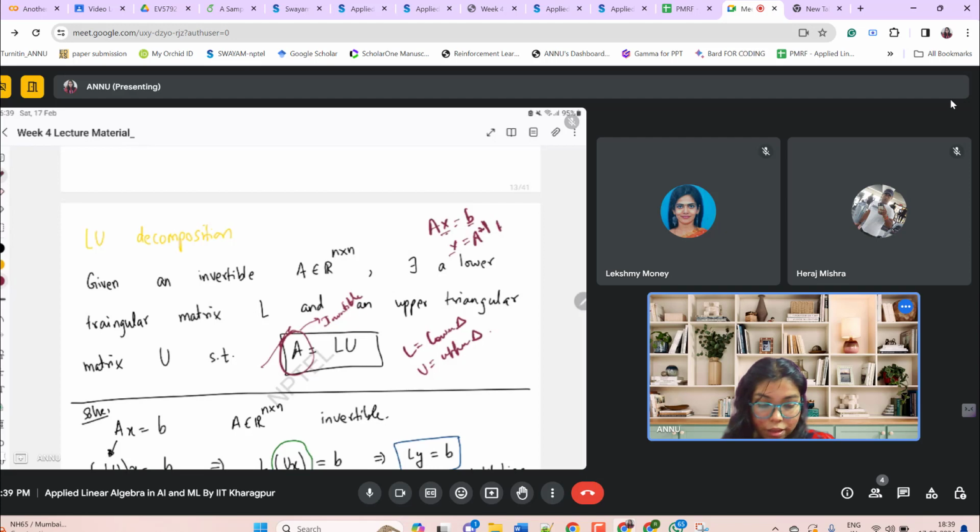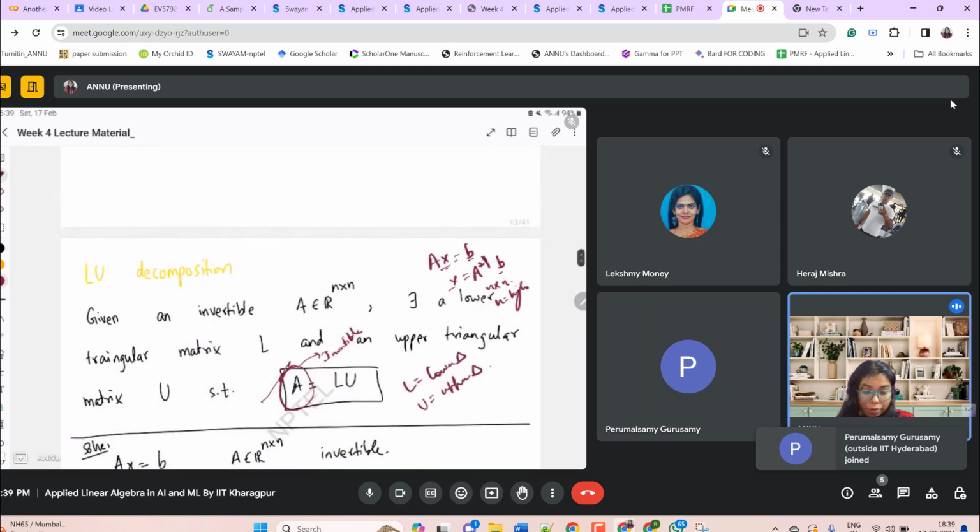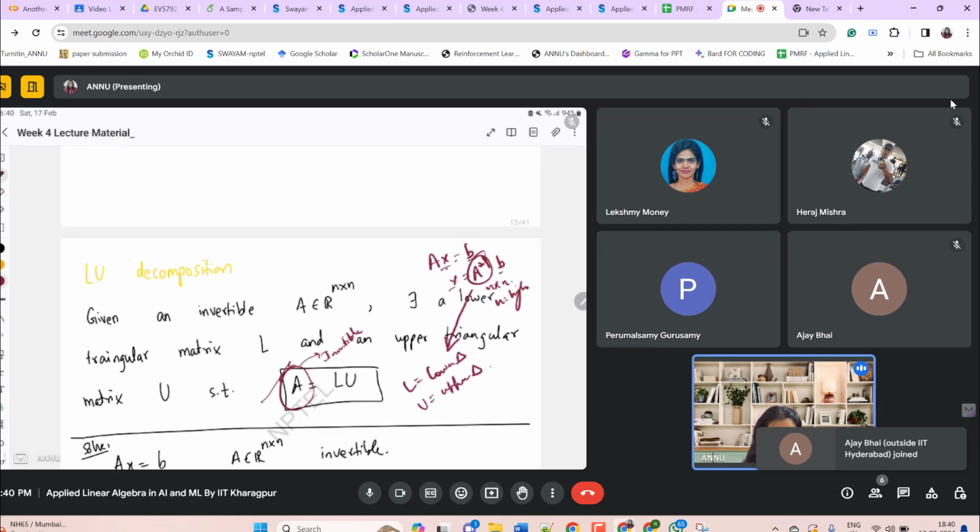Now, if A is of very high order, n cross n, where n is very high, you will not be able to find the inverse of the matrix. So that's why we write any invertible matrix, meaning the inverse exists, in the form of LU.